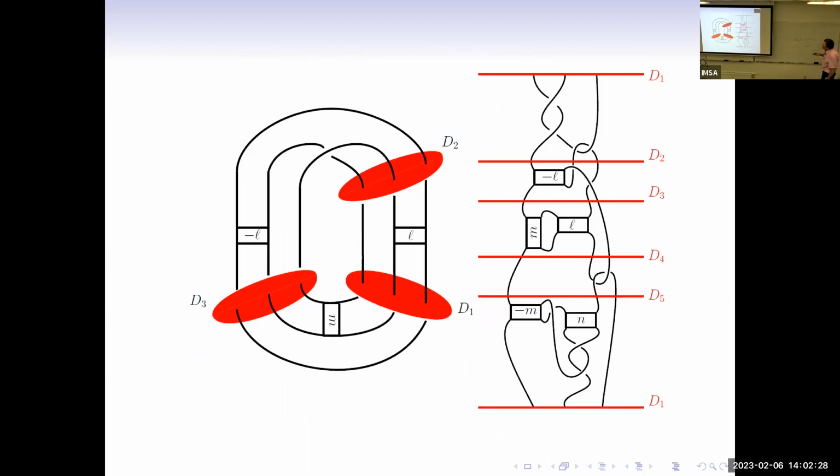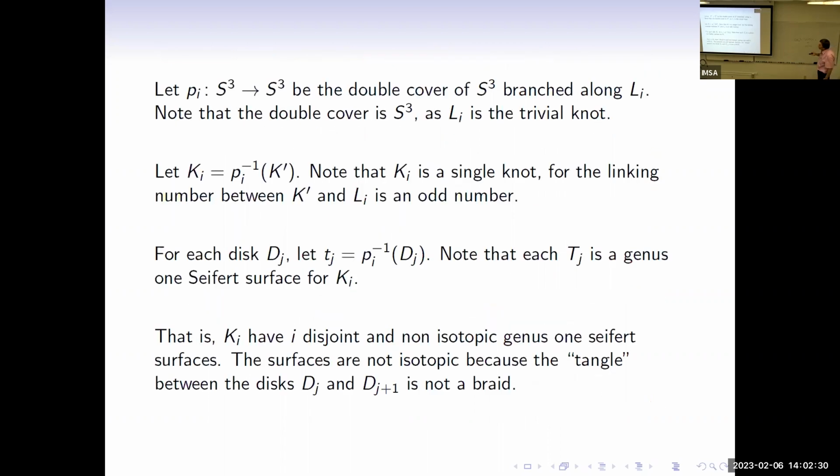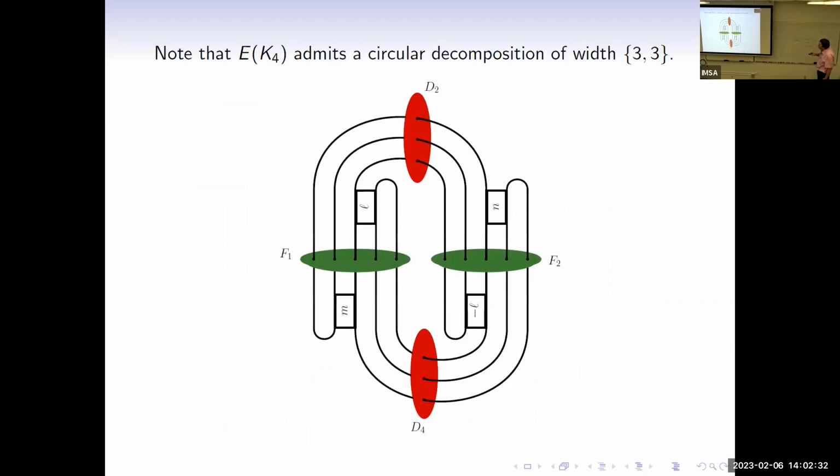Okay. Now we want to look at the tangle decomposition of this knot. In the case of 4, this is just the same. I just move the tangles a little bit. Here is the 2 and the 4.